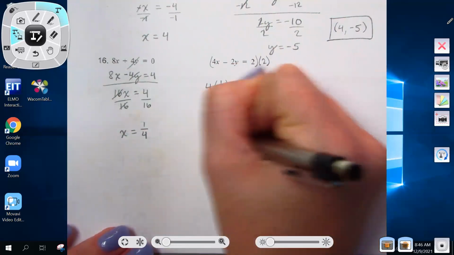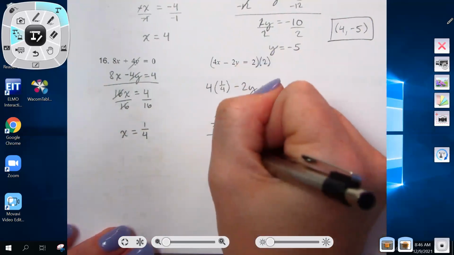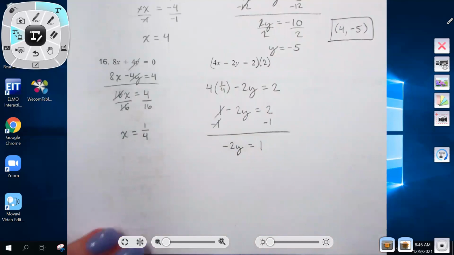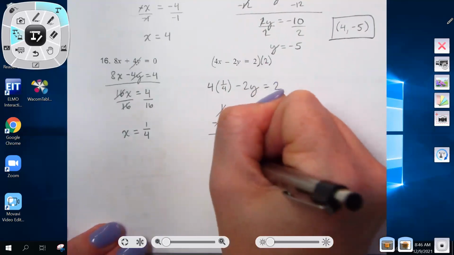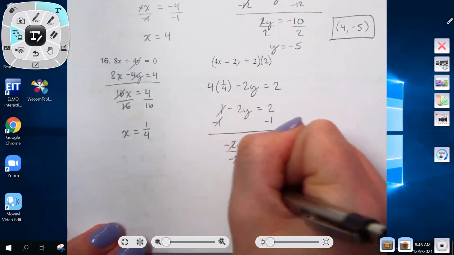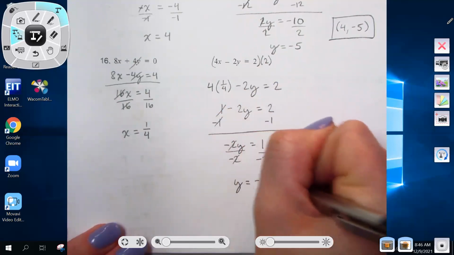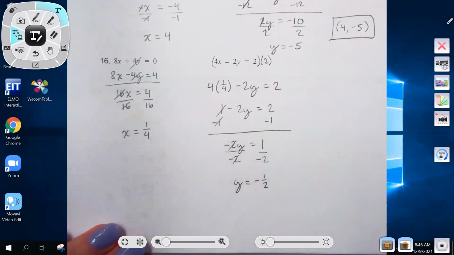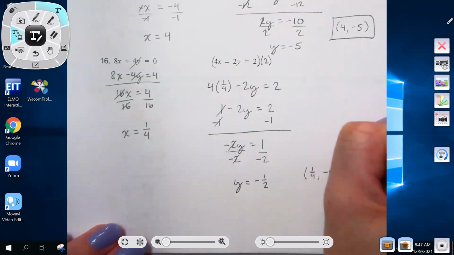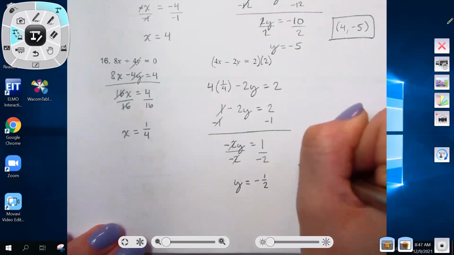I'm going to get rid of that 1. Subtract 1 from both sides. We get negative 2y equals 1. Divide both sides by negative 2. We get y equals negative 1/2. Again, negative 0.5 is fine too. So our solution is 1/4, negative 1/2.